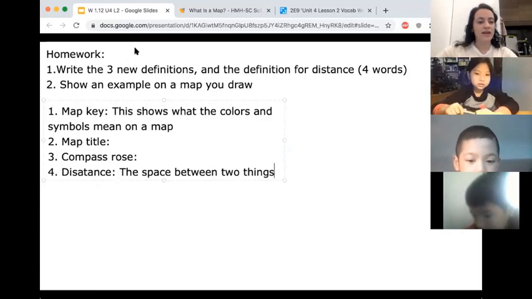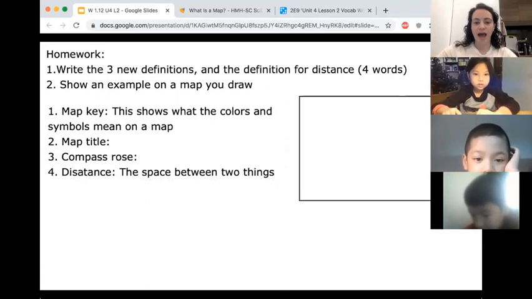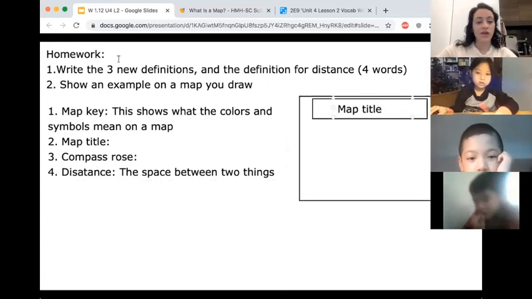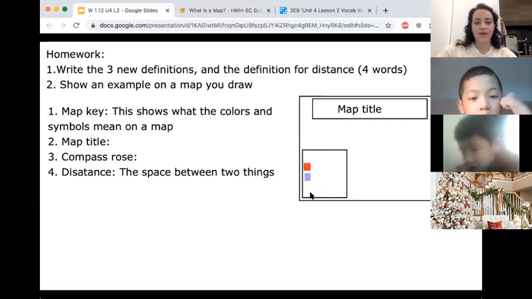So you're going to write 4 definitions, and then you're going to do an example map on the side. You're just going to do this. You don't have to write a title. I just want you to show where they are. Maybe you do some colors like this in the map key. You show red, purple. You could do a symbol as well, like maybe you do a tree, okay?